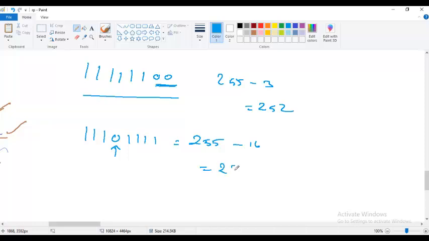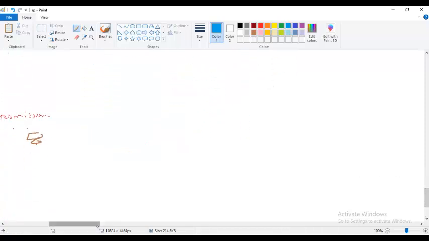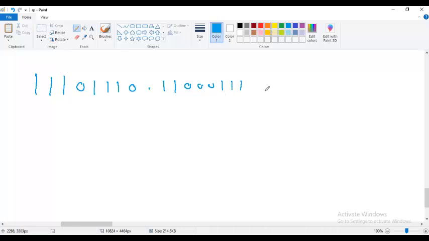Now let us do one thing. Now I am going to write some randomly. I'm simply writing something, and you're going to tell me the IP address. Now tell me the equivalent decimal of this. What will be the IP address?